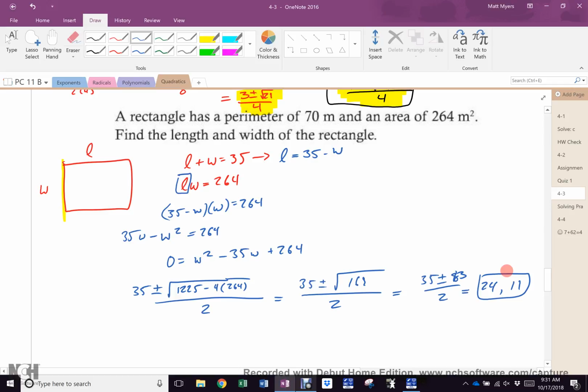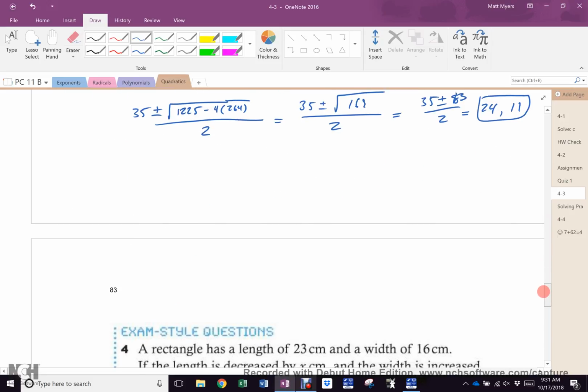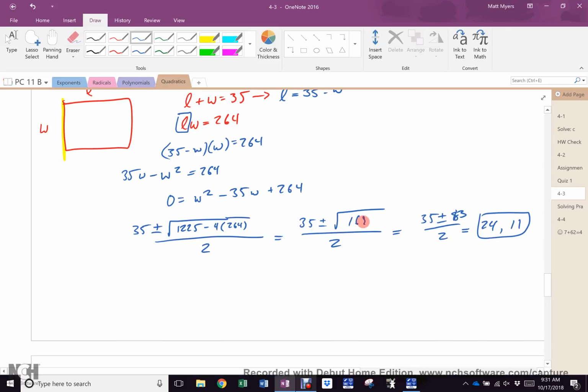Yes. Because that gives me my two roots. 24 times 11 is 264. Everybody cool? All right. Everybody good?